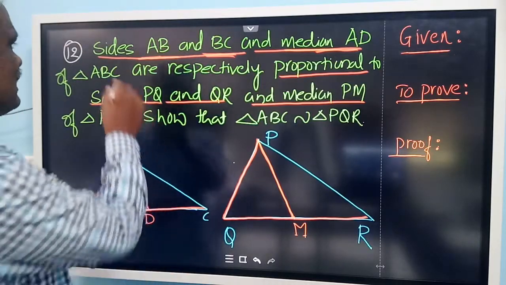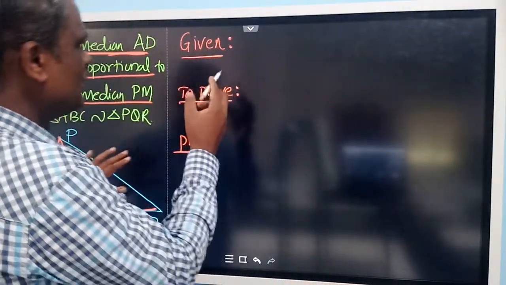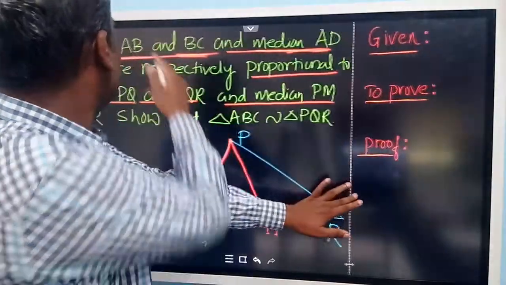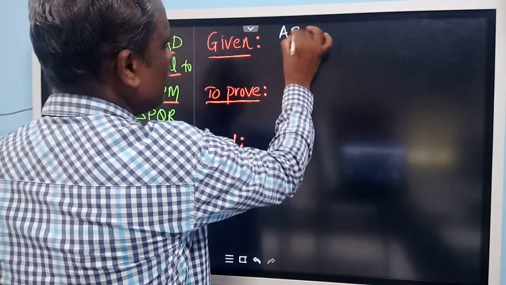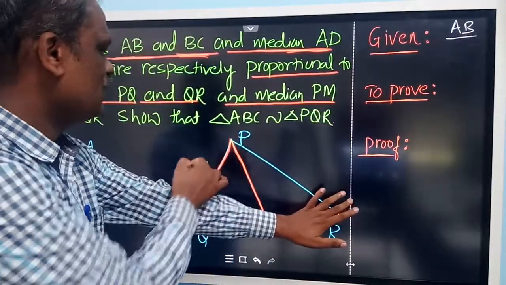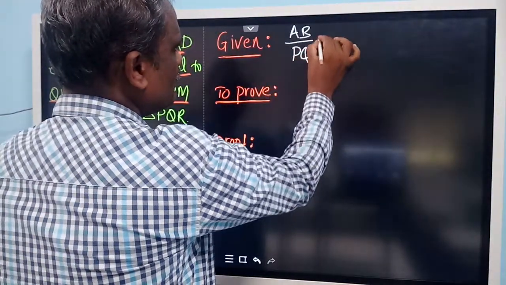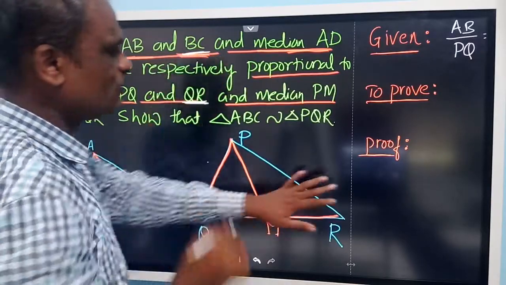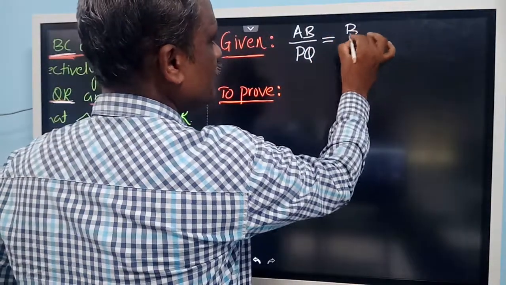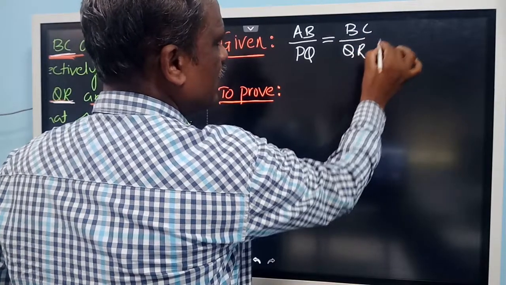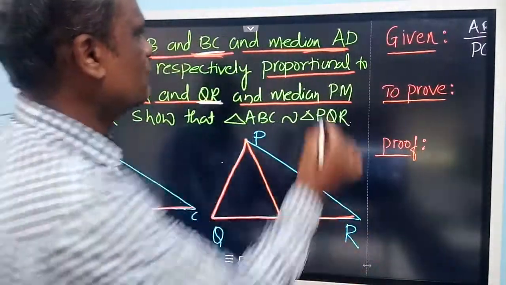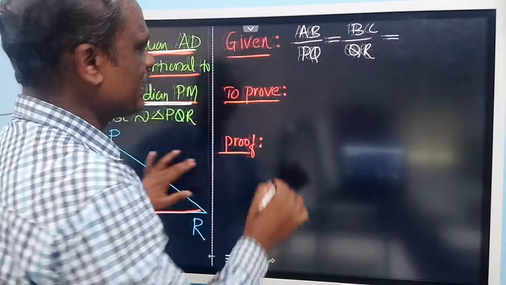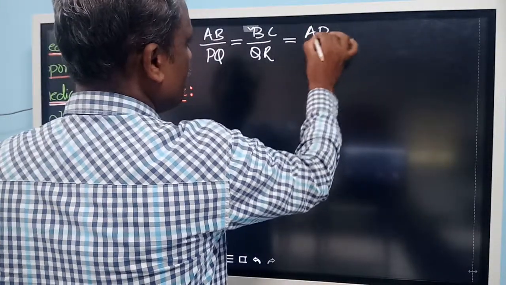Now let us write whatever is given. As the data in triangles ABC and PQR, AB by the corresponding side PQ is equal to BC by QR, and then median AD of triangle ABC proportional to median PM of another triangle, AD by PM.